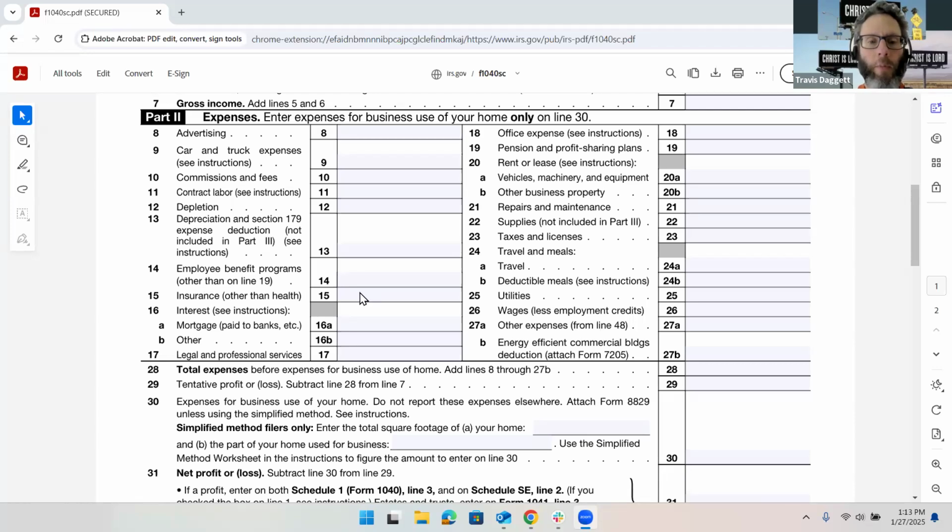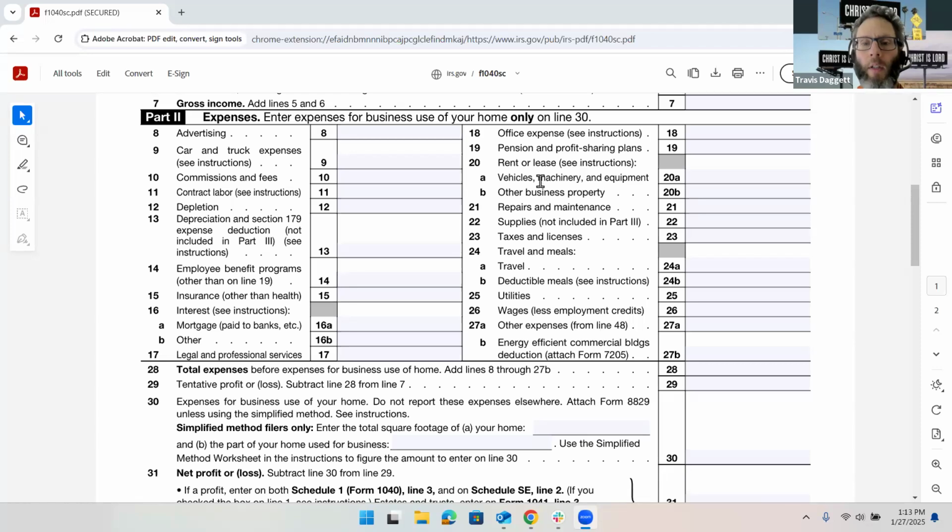Could be auto insurance, could be business liability, property insurance, interest on any loans, mortgage, legal and professional services. So not just an attorney, it could be an accountant, a bookkeeper, notaries. And then office expense is really a type of catch-all account. So you can put a lot in there.